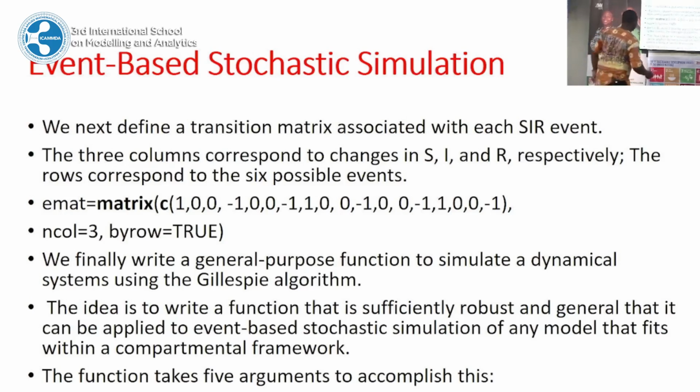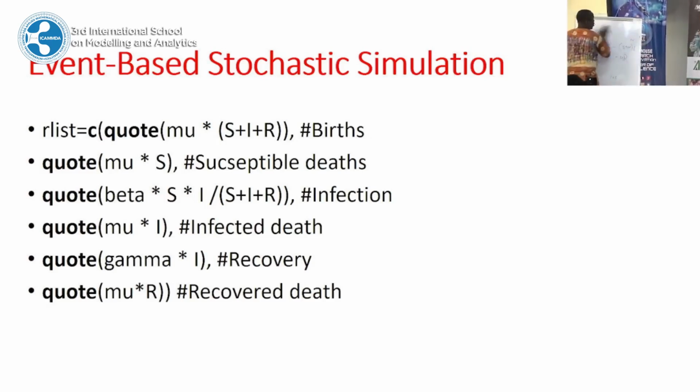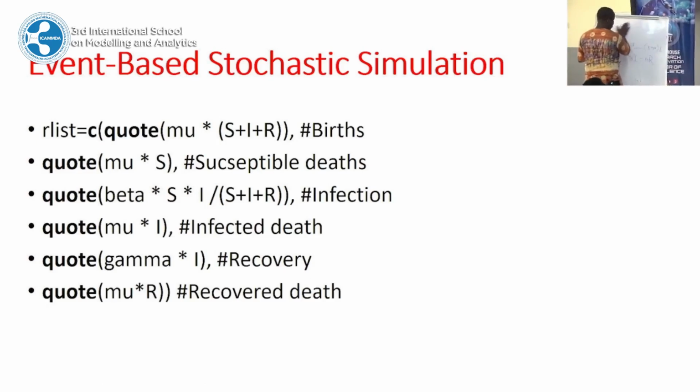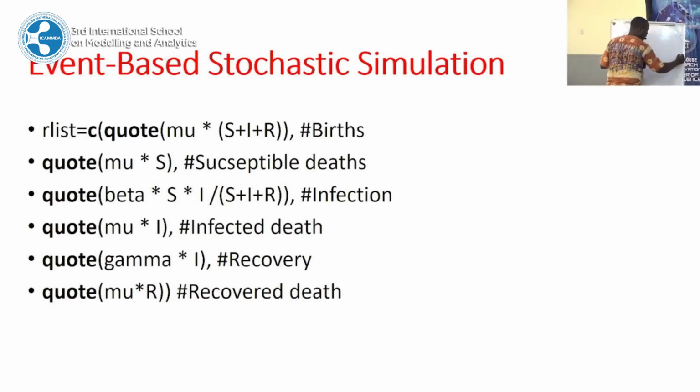So the transition matrix P is going to be, for the births, S, I, and R. The S only has something coming in, so we have 1, and nothing for the others in the first event.